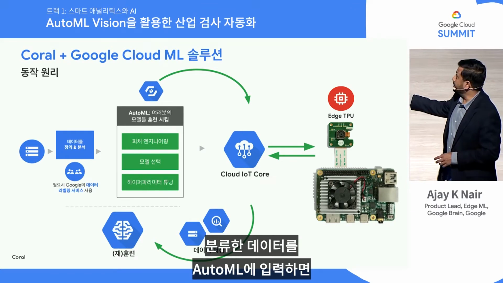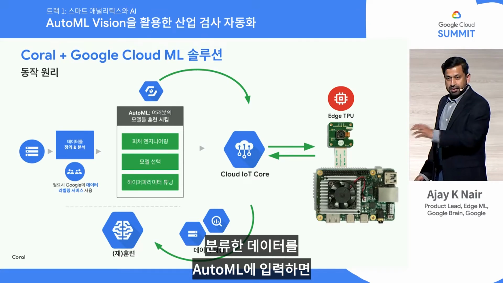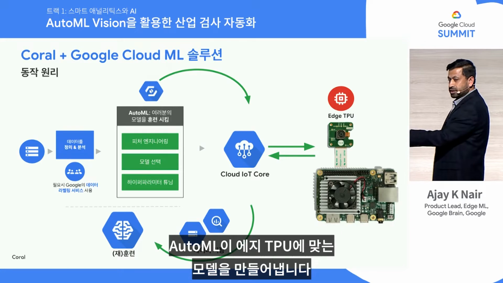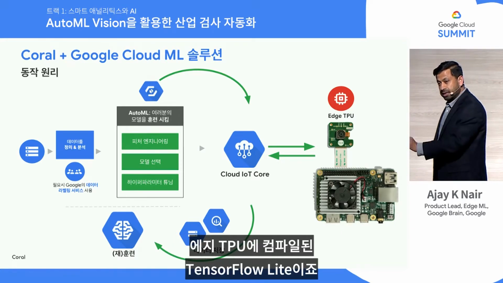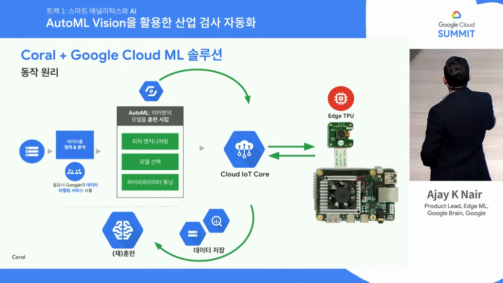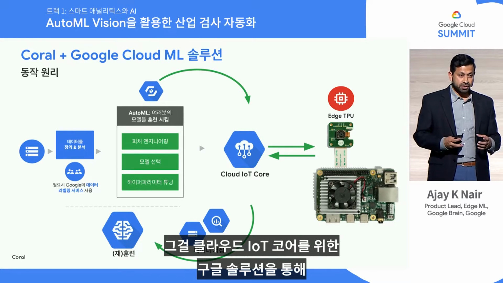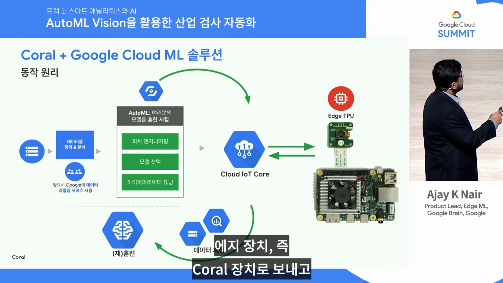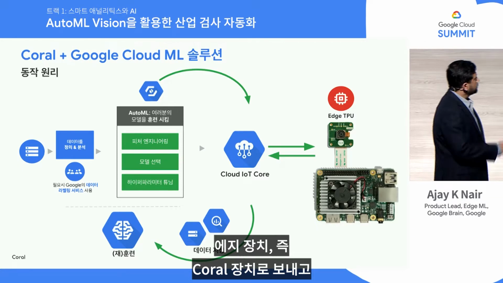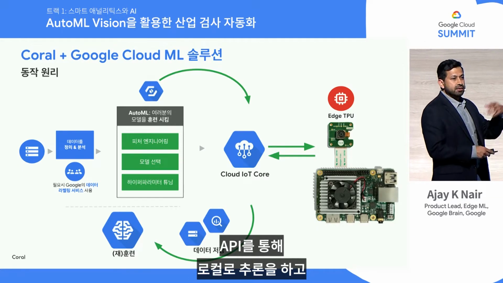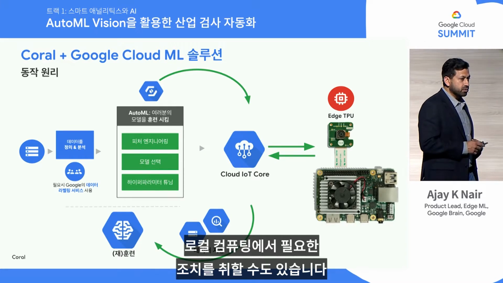Then you can take that data from Google, the labeling service, feed it into AutoML, and AutoML will generate an edge TPU specific model for you, which is TensorFlow Lite, compiled already to run on the edge TPU. You can deploy that through Google's solution for IoT called Cloud IoT Core, and through that you can deploy it onto the edge device, to the Coral device.